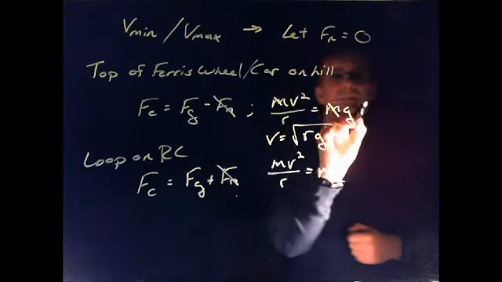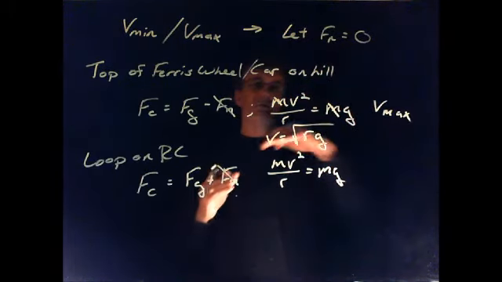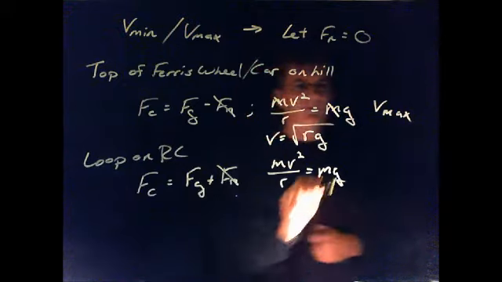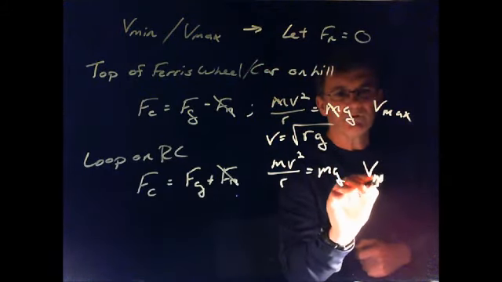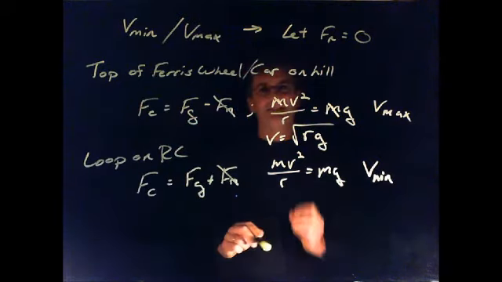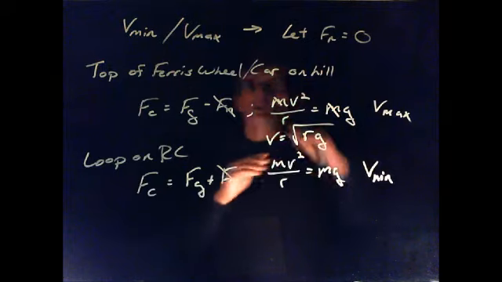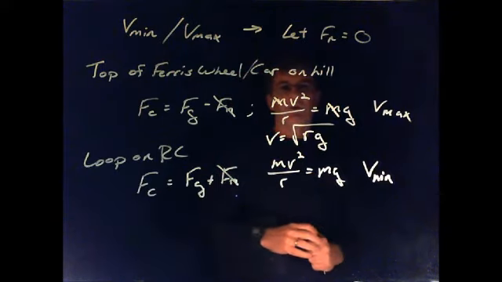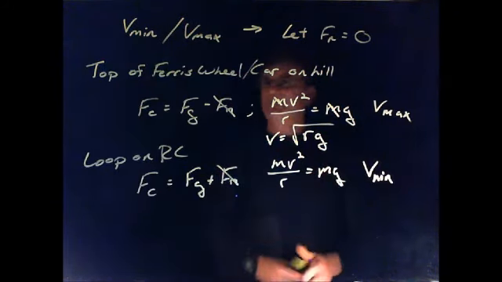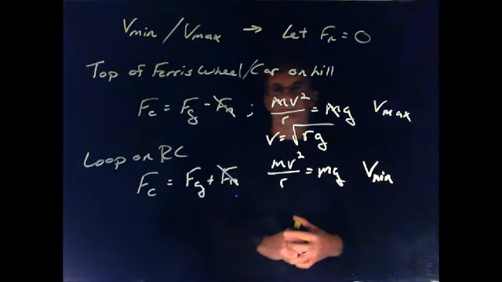In one case, this is a maximum velocity for the car to go over the hill to stay on the hill. This is a minimum velocity to make the loop and stay in contact with the seat, or for the rail to stay in contact with the car. So even though it's the same calculation, two completely different concepts.